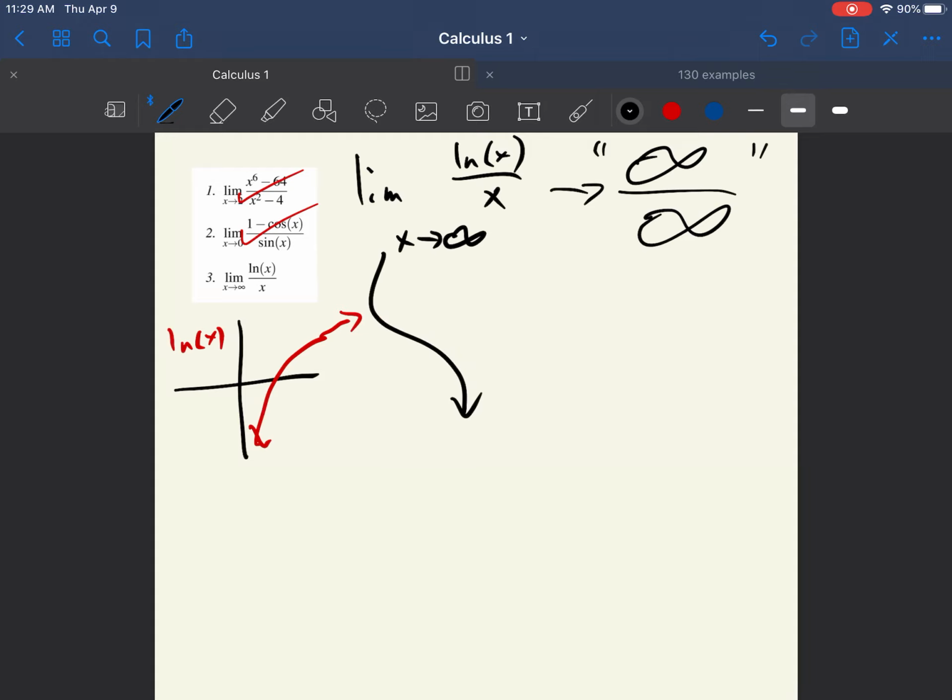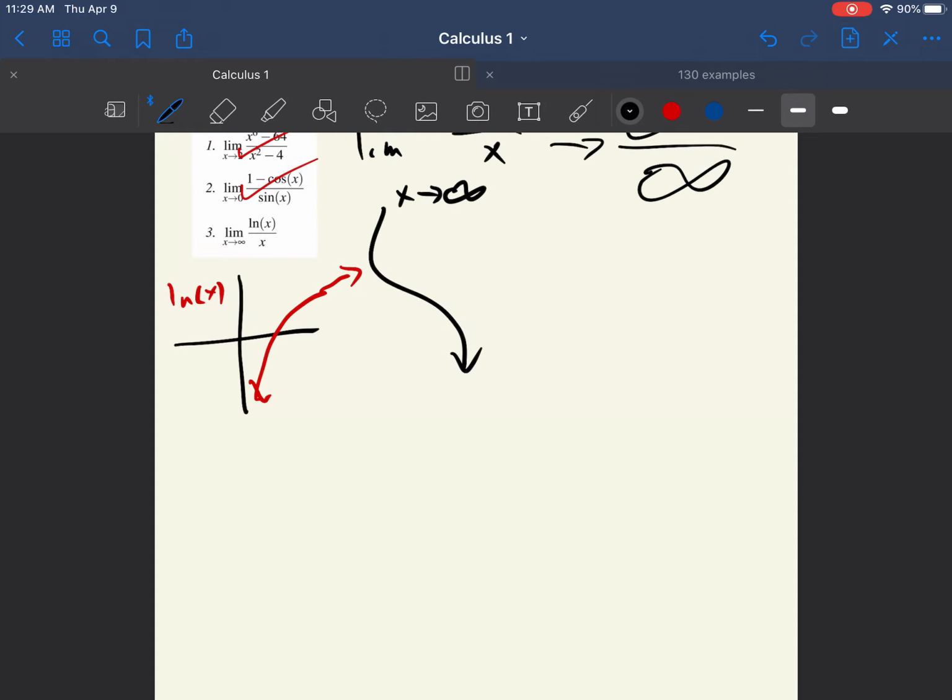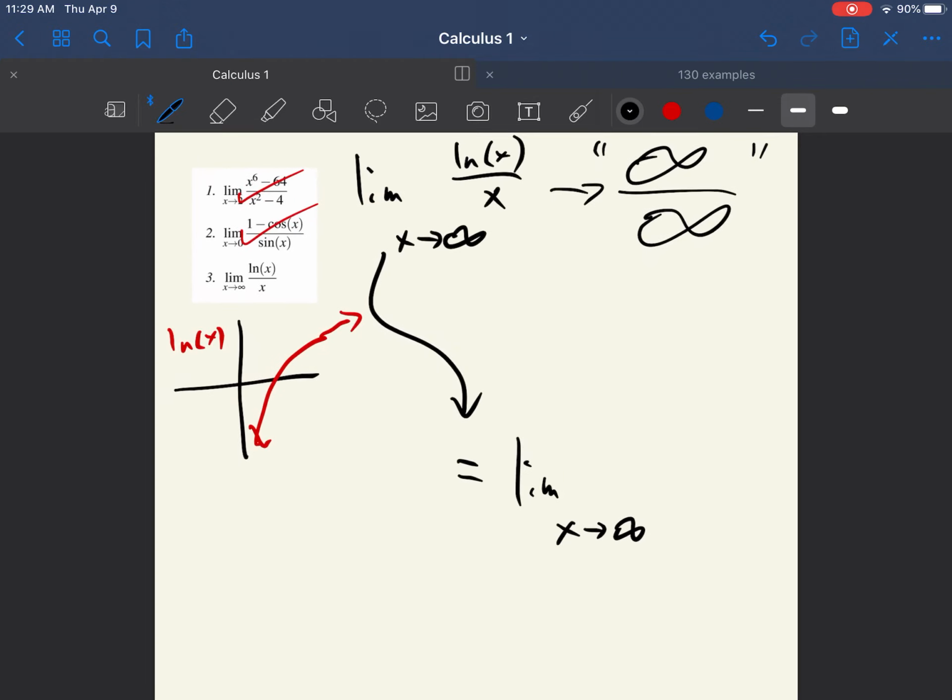So this limit is the same as the limit as x goes to infinity, and I'm going to go ahead and take the derivatives here. And actually, before I do that, I'm going to write down that I'm using L'Hopital's rule to get this equality. Okay, so if we think about the derivative of ln of x, that's the derivative that I introduced right at the beginning of the video.